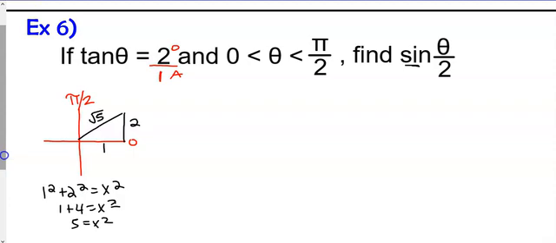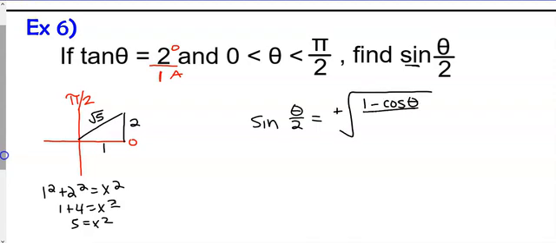And then we're using sine. Sine of theta over 2. We don't know what theta is in this case. We haven't really had one like that. It's going to be equal to the square root, positive because we're in the first quadrant, of 1 minus cosine of theta, over 2.